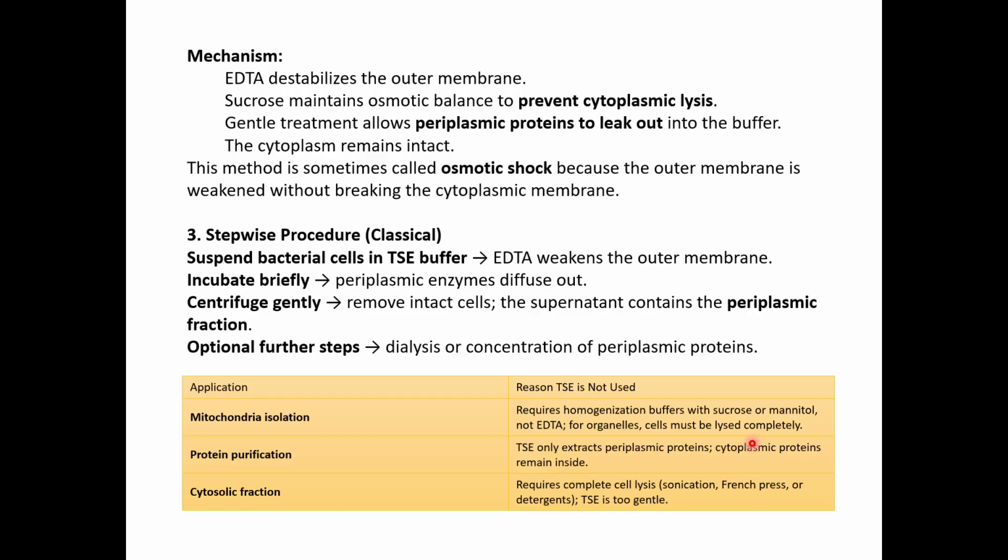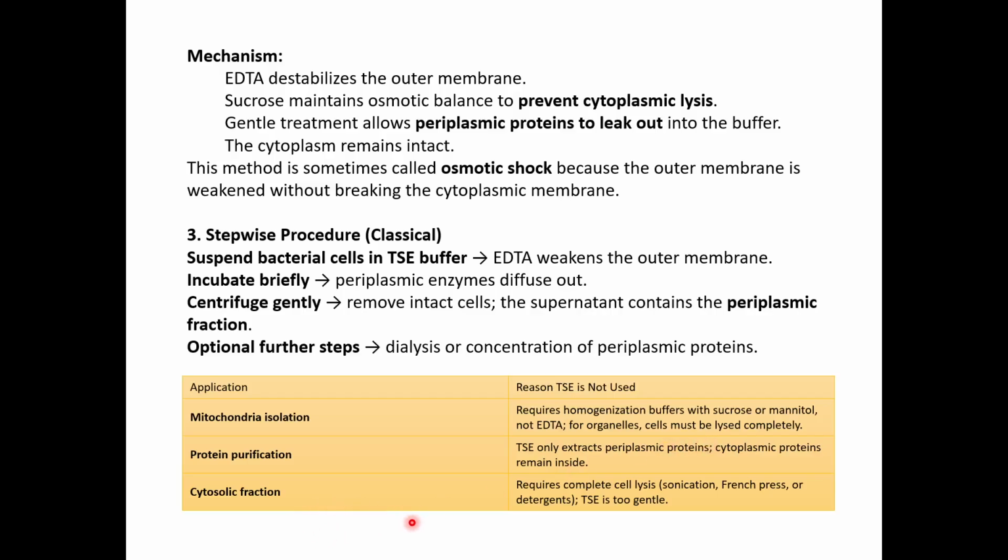For organelles, cells must be lysed. Here the cytoplasmic membrane is kept intact, but for mitochondria, the cell has to be completely lysed. For protein purification, TSC only extracts the periplasmic protein in case of gram-negative bacteria. But general protein purification is not done using TSC, because the cytoplasm still is intact.